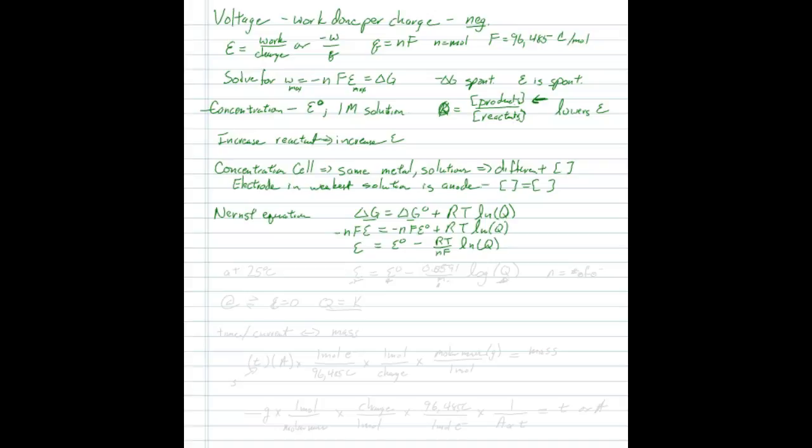And substituting values in for R and F and T at 25 degrees Celsius, which is standard conditions, simplifies the equation down a little bit. Minus 0.0591 over N, and then change it to base 10 log for some strange and ungodly reason.